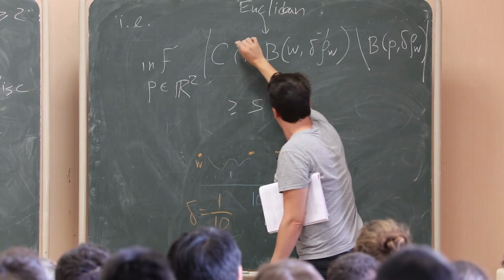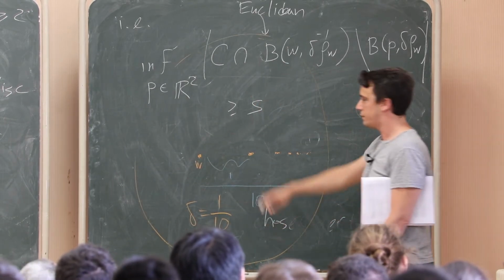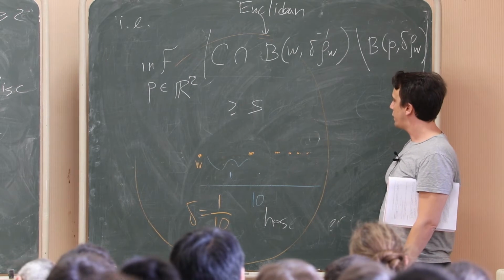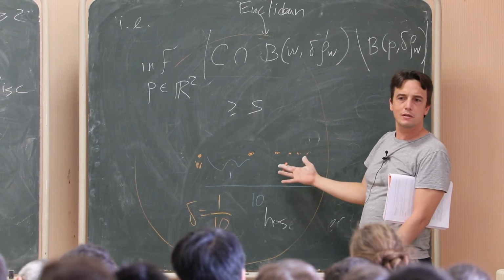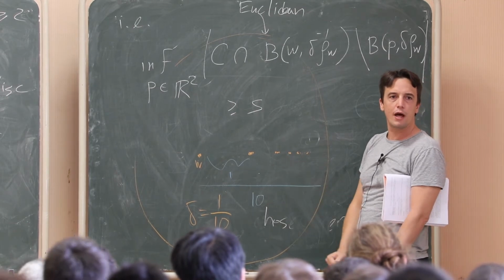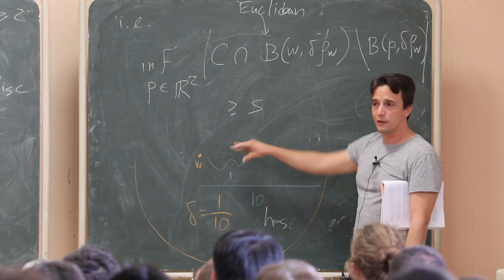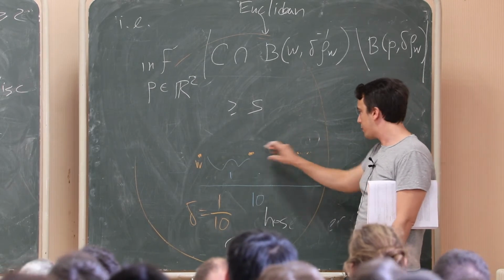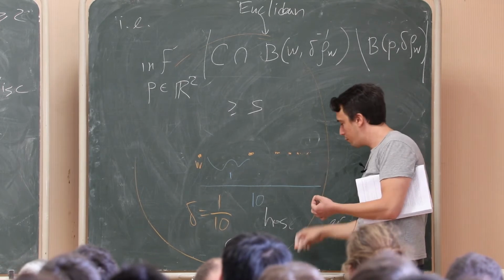So this will be this ball, containing almost everything. And I have to have at least S points there. So if n is the number of points, let's assume S is n over 2 or square root of n, a lot of points. Even though this ball contains many of the points, most of the points are located in one small neighborhood.